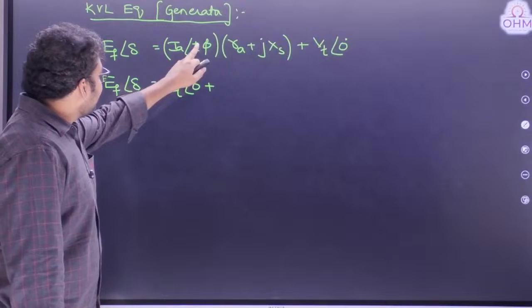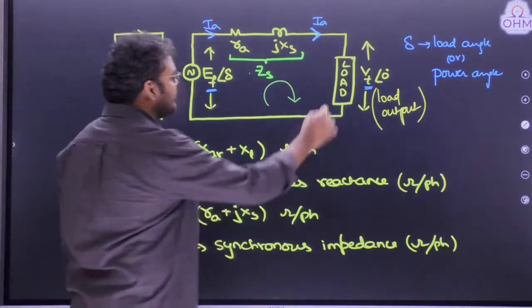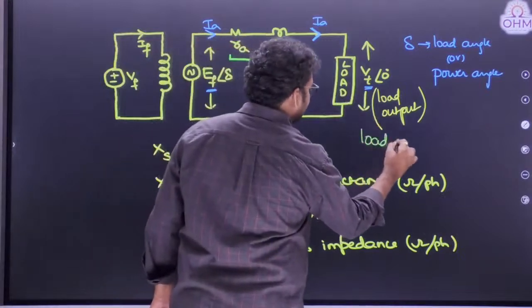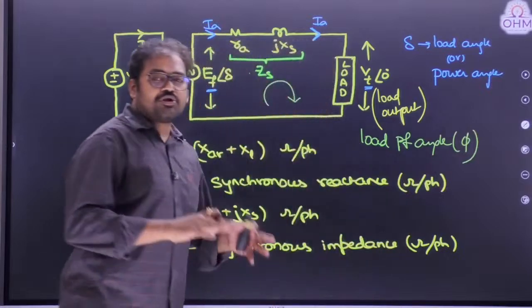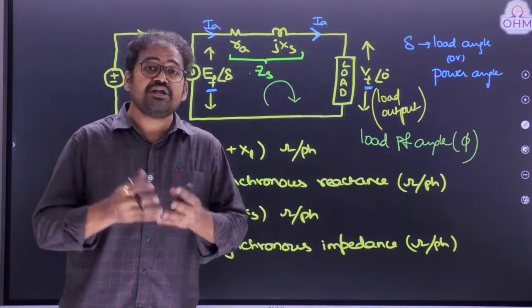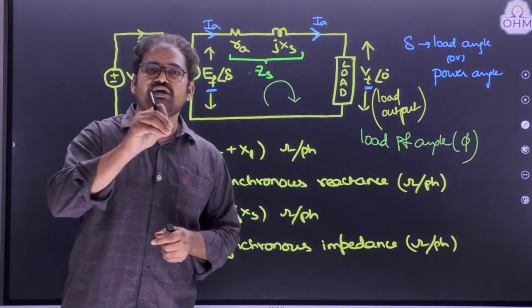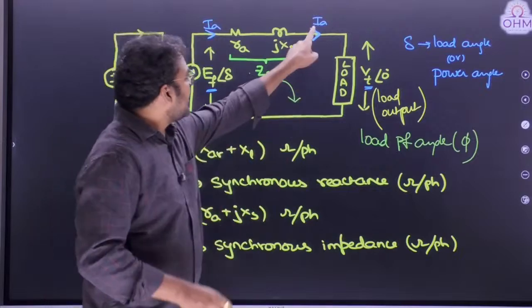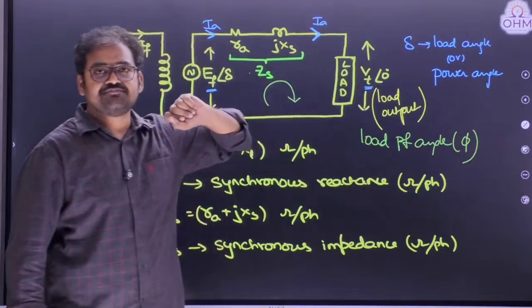See, current with power factor angle. That phi is nothing but load power factor angle. And we know load may be a lagging power factor load or leading power factor load, or it may be unity power factor load also. Suppose if the load is a lagging power factor type, can I say armature current will lag the terminal voltage by some finite angle?